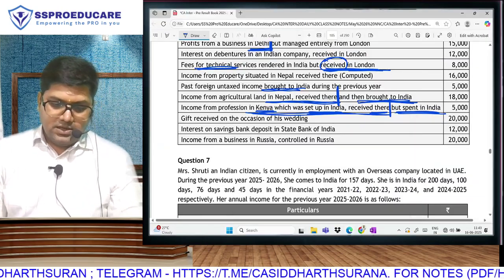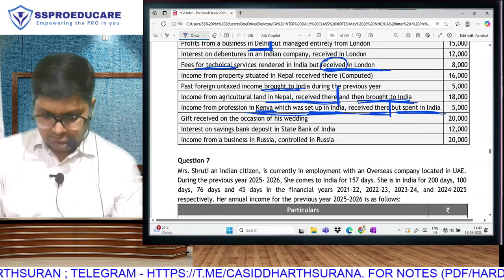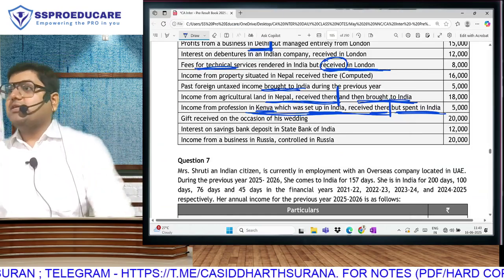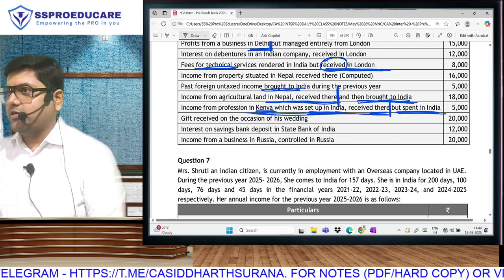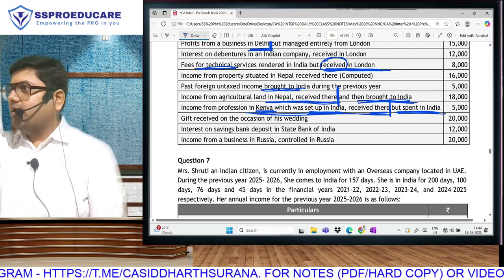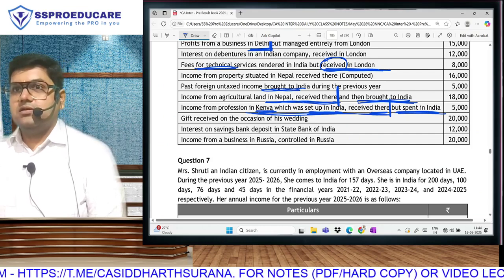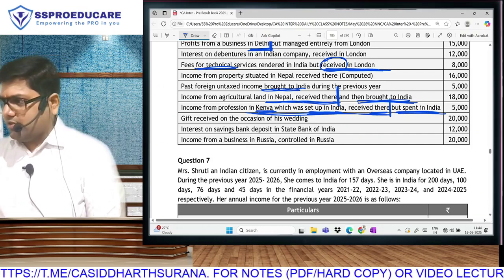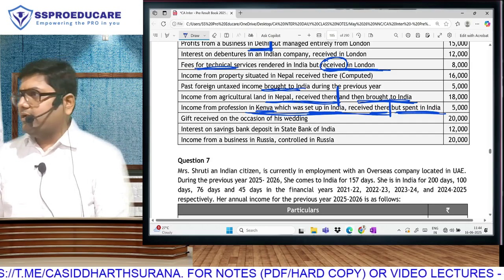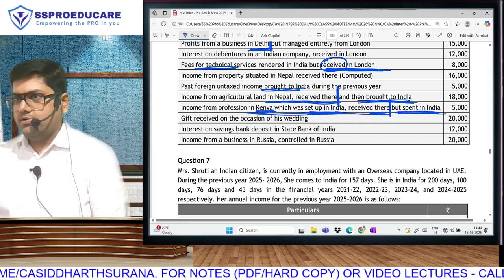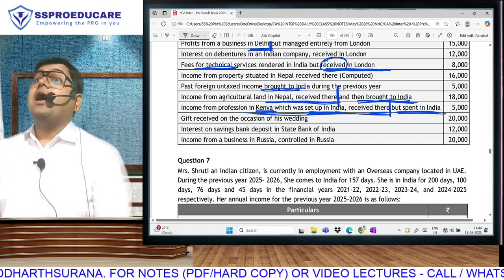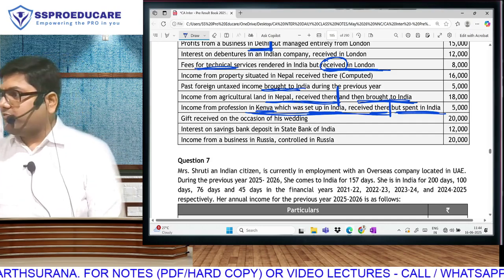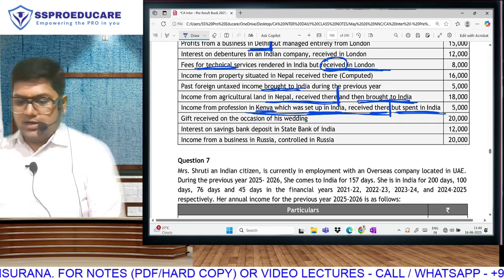Next, gift on the occasion of wedding. Just like in two questions I told you that we need some knowledge of house property, some knowledge of salary, but we can't solve the full question. Here, we were able to solve all these things. I have also told you that gift forms a part of taxable income in income tax law. However, detailed explanation of gift will happen in income from other sources.